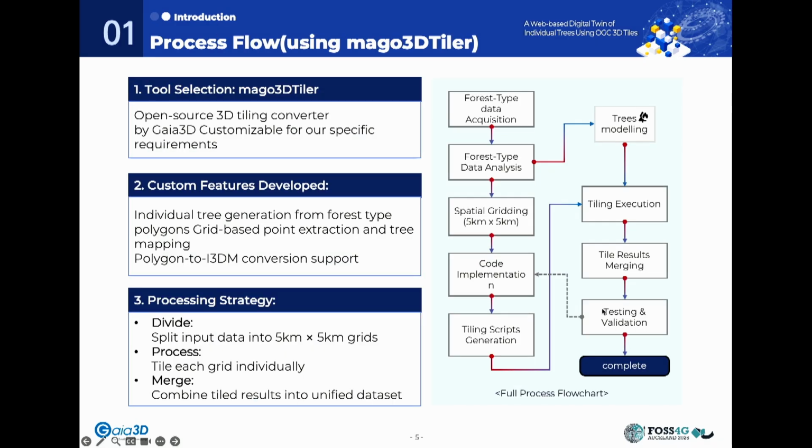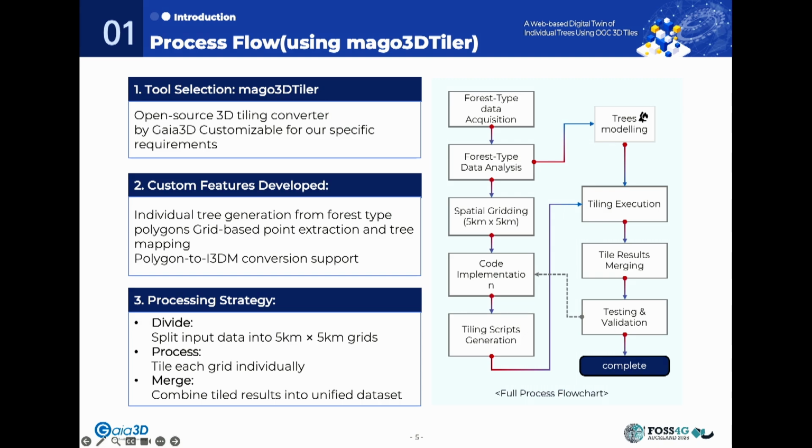Now let me walk you through our data processing flow. We processed our data using Mago 3D Tiler, an open source tool developed by Gaia3D. We selected this tool because we needed two custom functions. First, the ability to generate individual trees.